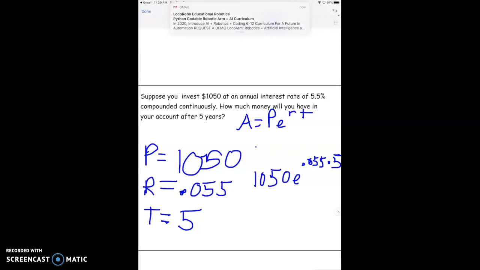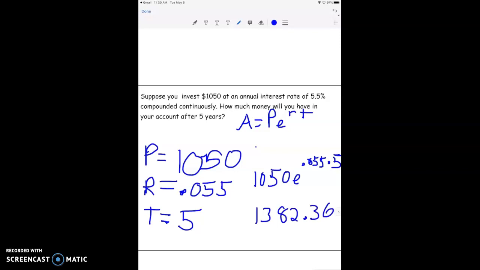When you open up your E, it already opens up an E with a caret key and a parenthesis, so it's asking you what is the exponent. You just fill it out. The exponent is 0.055 times 5, then close that parenthesis, hit enter, and you will get your answer. In this case, how much money we will have in the account will be 1,382.36. So there you go.